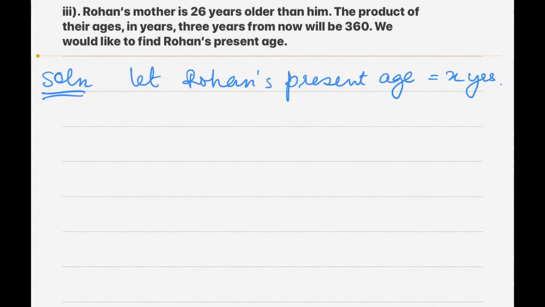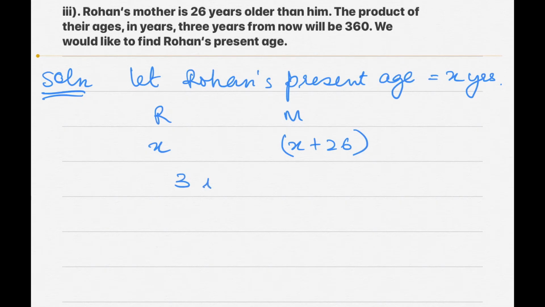Rohan's mother is 26 years older than him. Okay, so present age, right? So Rohan's age is x years and mother's age is equal to x plus 26 years because she is 26 years older. The product of their ages 3 years from now will be 360.